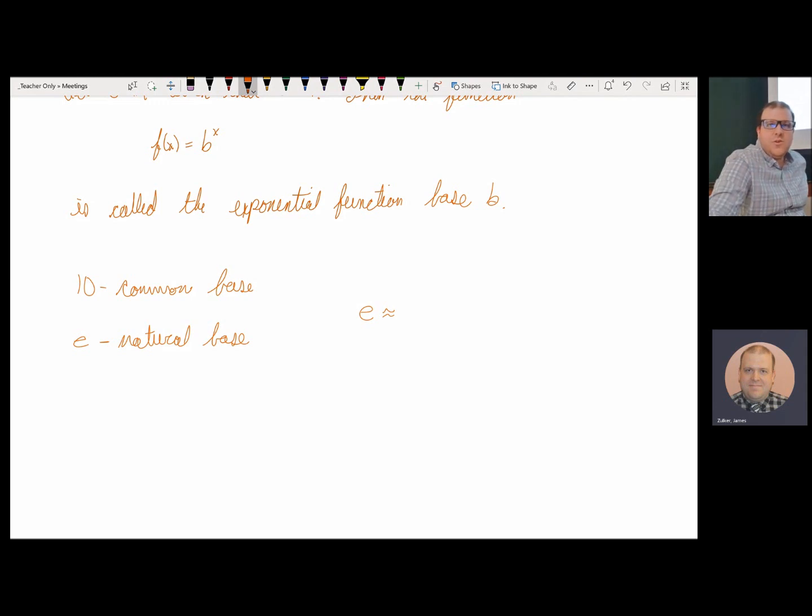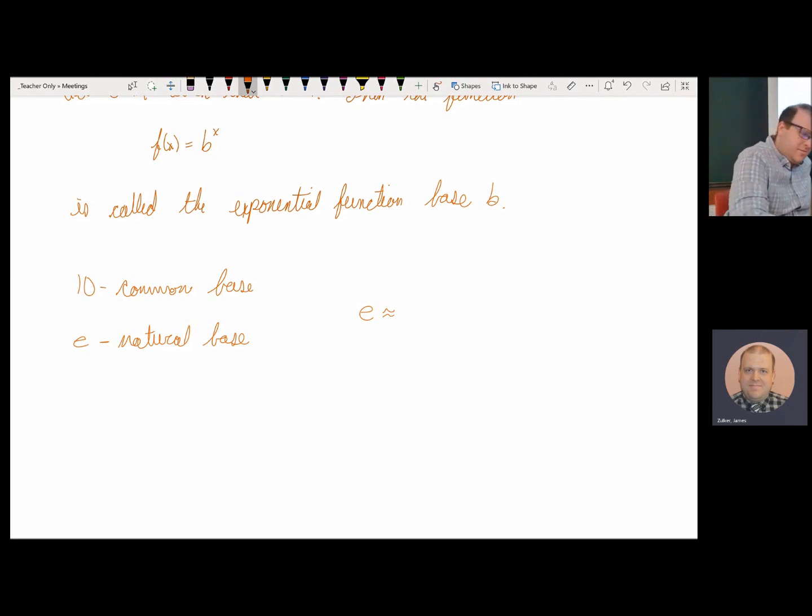It'll take me too long to open up a calculator, so let me just find my notes. Wait, is it not in here?